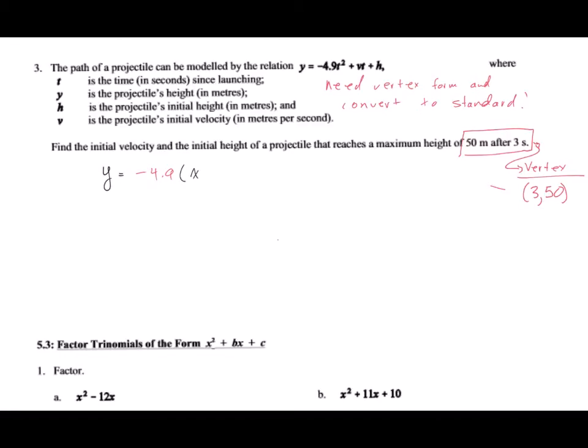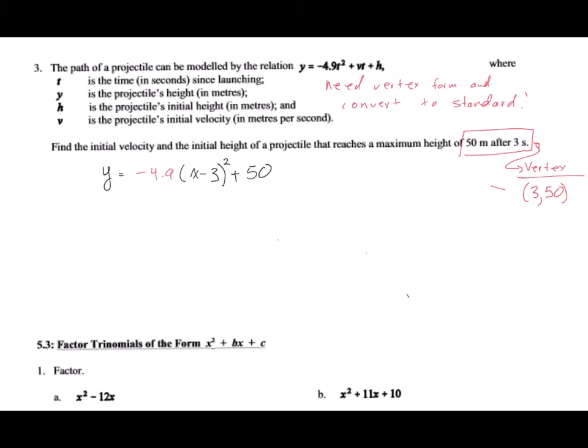So now we start with y is equal to negative 4.9 bracket, and we go (x minus 3) all squared plus 50. Now the reason why we got negative 4.9 is because our original equation had negative 4.9 attached to the t squared term.